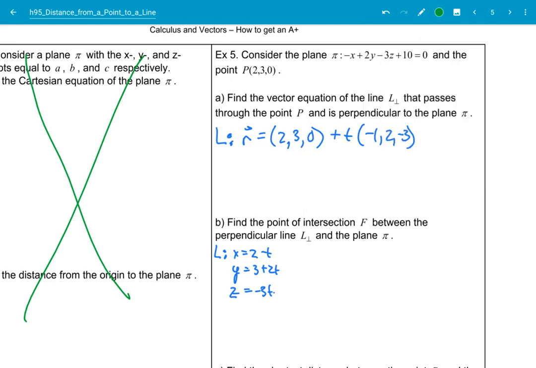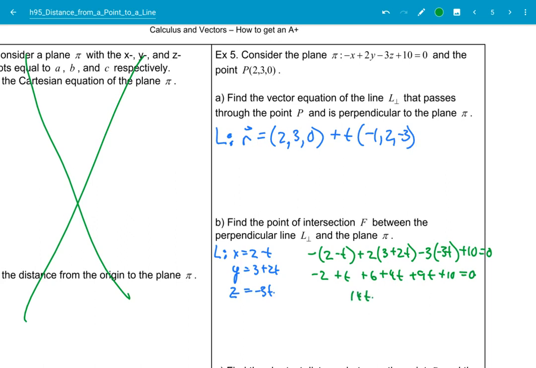We have negative x, so negative 2 minus t plus 2y, so 2 times 3 plus 2t, minus 3z, so negative 3t plus 10 is equal to 0. Negative 2 plus t plus 6 plus 4t plus 9t plus 10 is equal to 0.